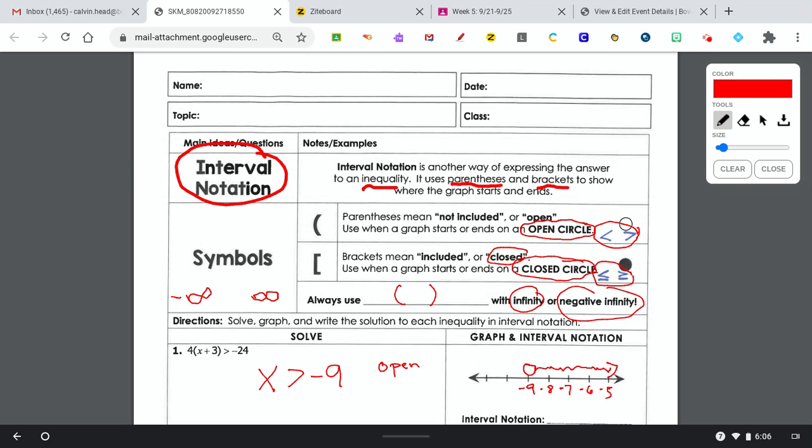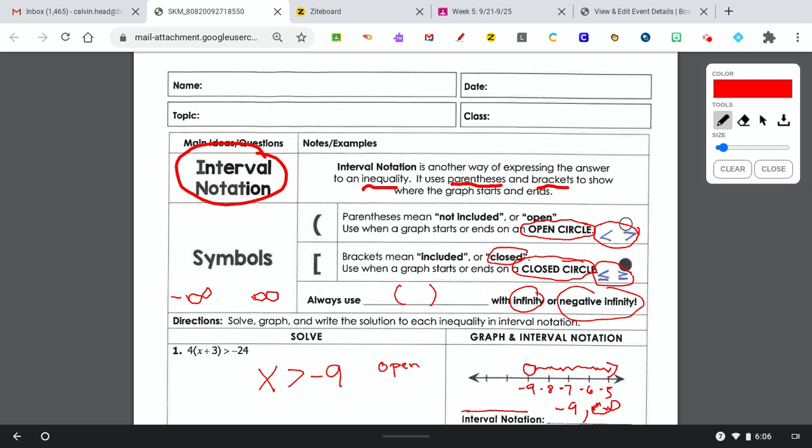Now we're going to write it in interval notation. We would put -9, and notice how it just keeps going and going in a positive direction, so it'll be positive infinity.